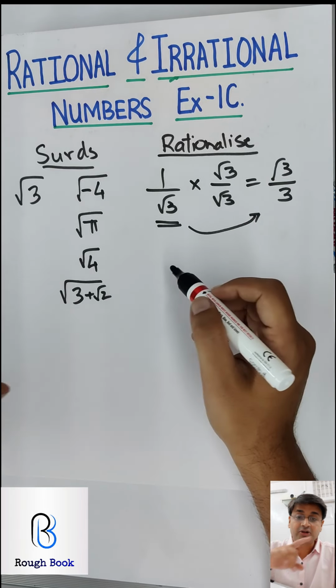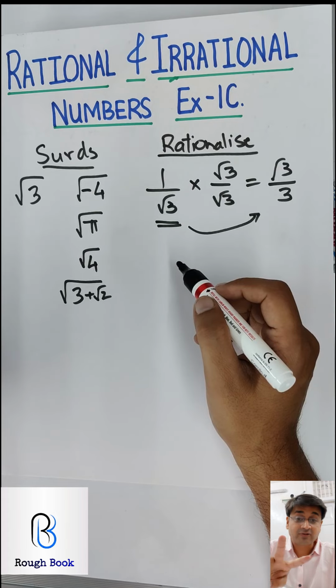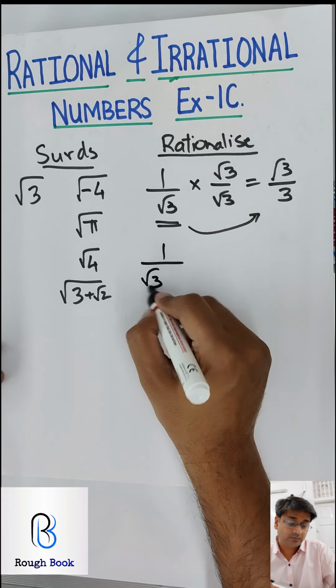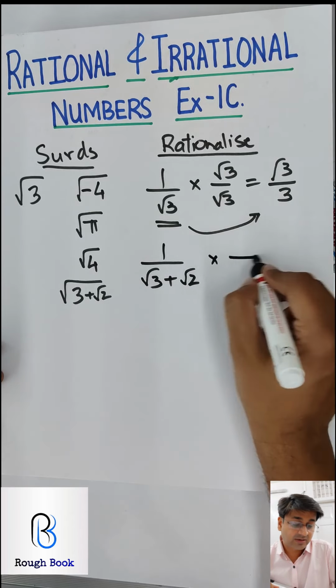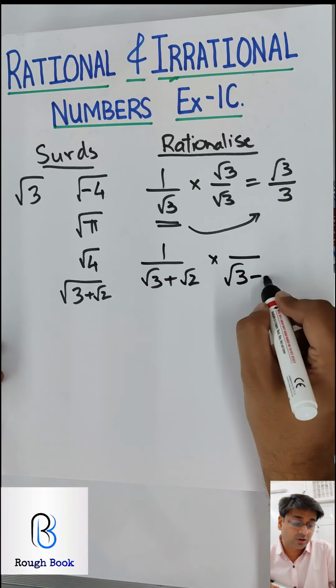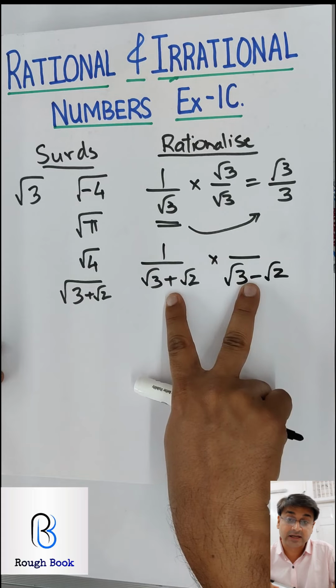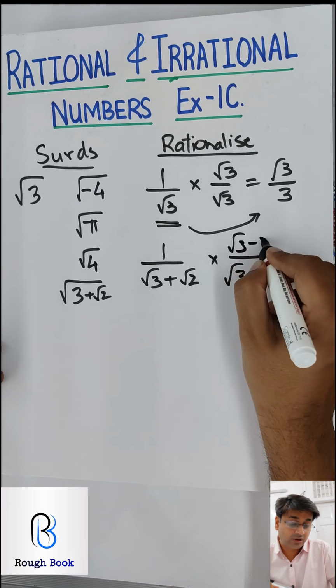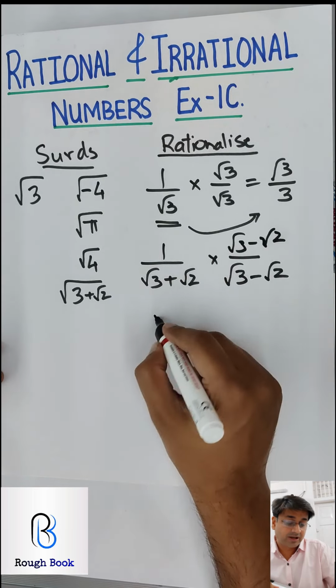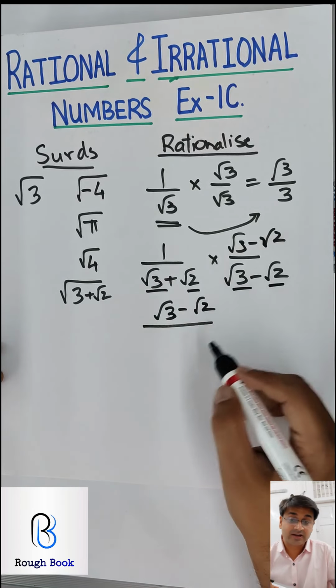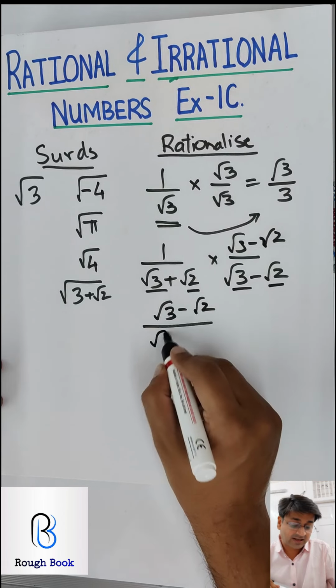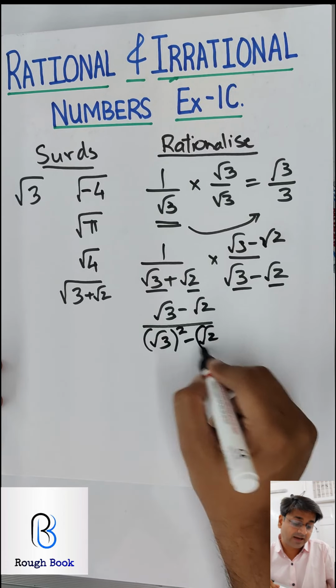Now in the denominator you might have only one term or you might have two terms. For example, this way. Then how will you rationalize? This time you have to multiply with the conjugate. Conjugate means the opposite sign. Why like that? Because when you multiply the numerator, fine, but the denominator a plus b, a minus b, formula, that's a square minus b square.